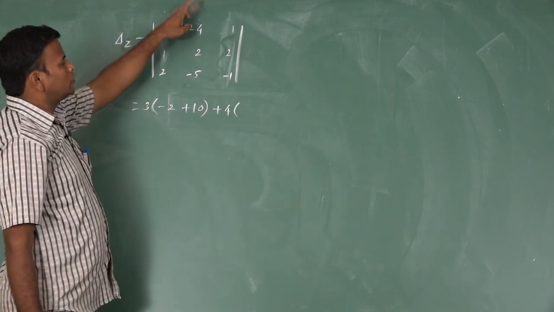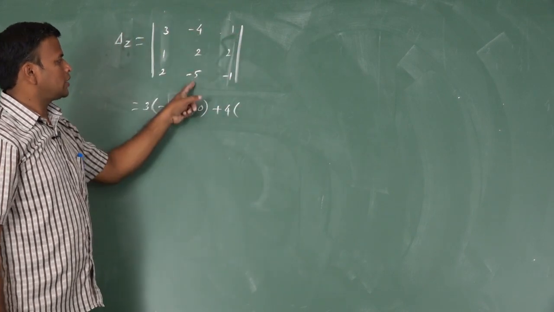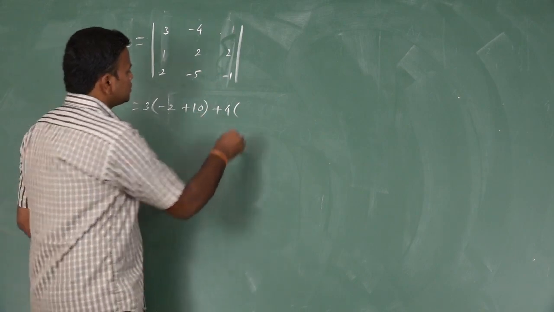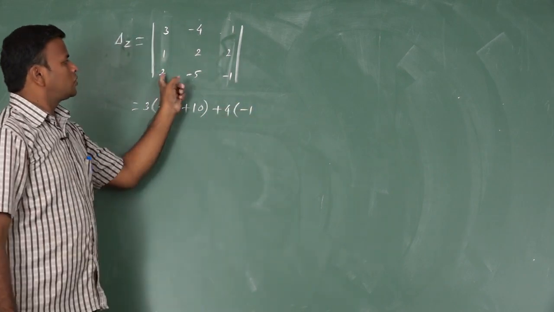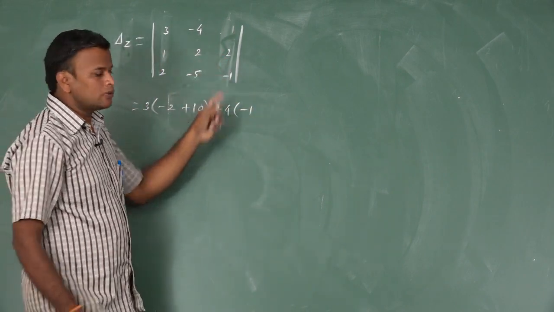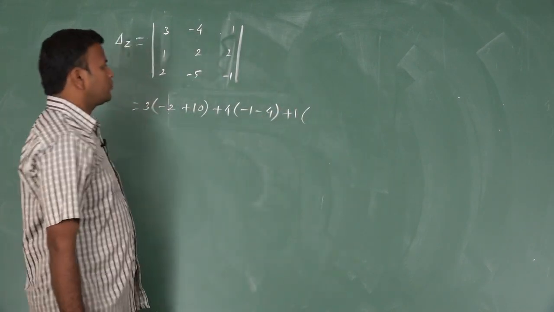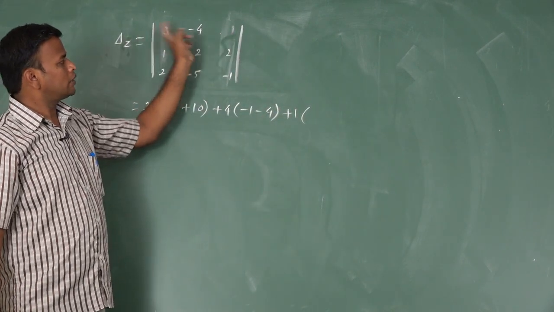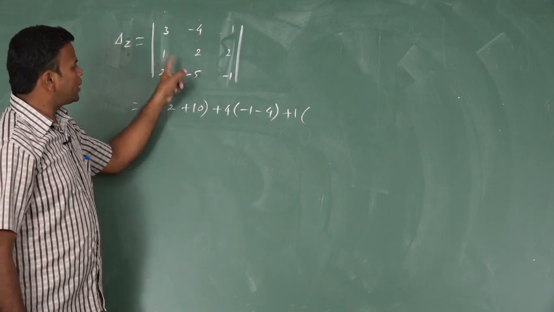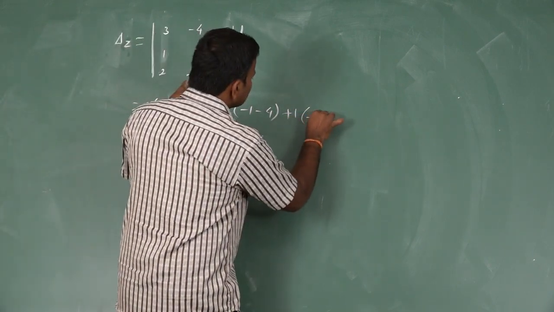So plus 4 of, we leave the first row, second column. 1 into minus 1, minus 1. 2 2s are 4, we put 1 minus, so minus 4. Plus 1 of, we leave the third row and column. 1 into minus 5, minus 5.